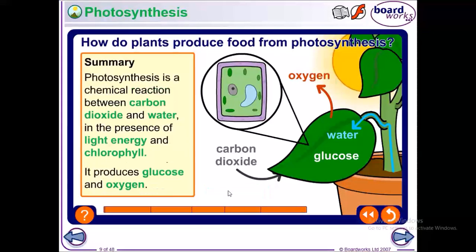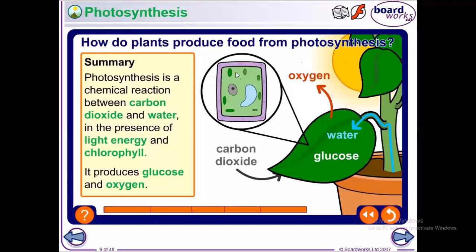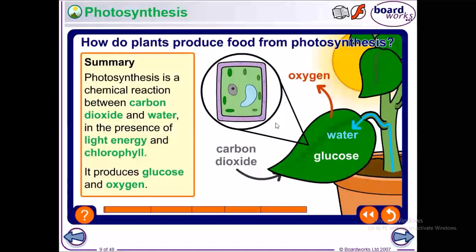So, as a summary, guys, now we know that photosynthesis is a chemical reaction, or we can say it's a process where the plants, to be specific, the leaves, take in the carbon dioxide from the air, the water from the soil, and absorb the sunlight because they have, as we said, chlorophyll in their cells.